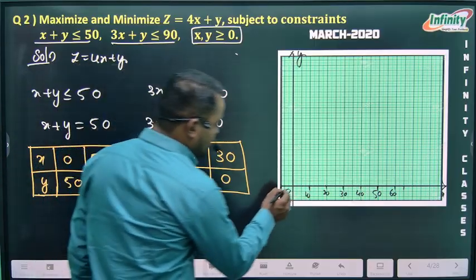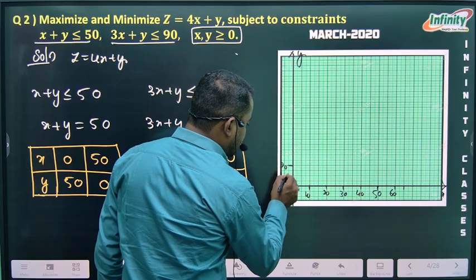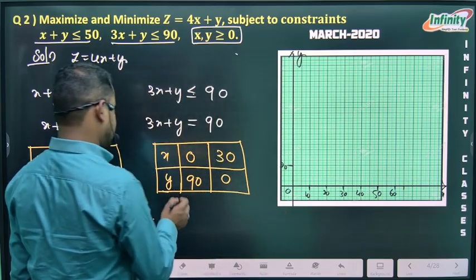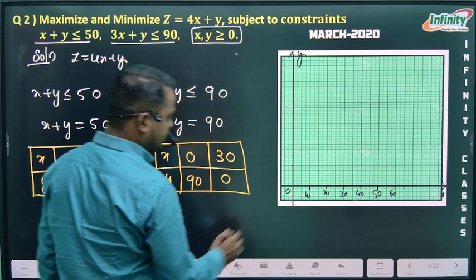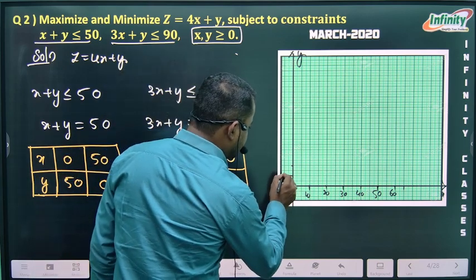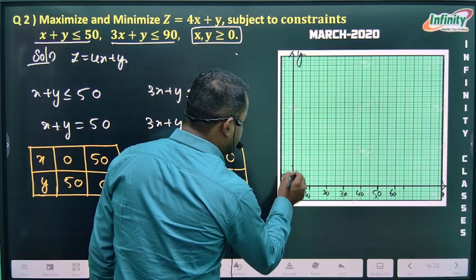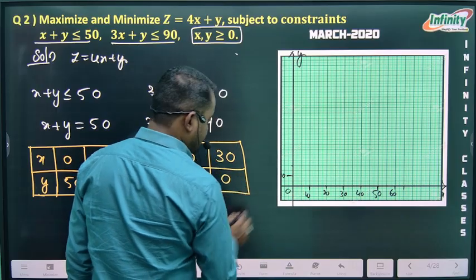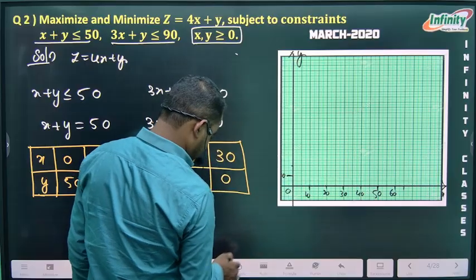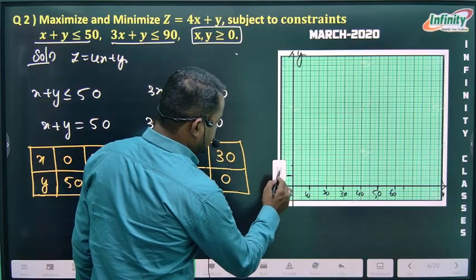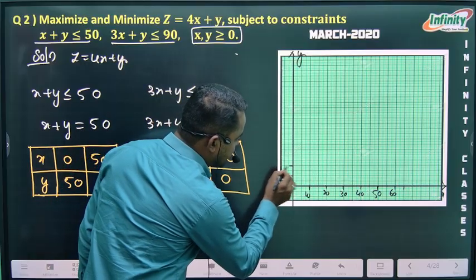Now on the y-axis I am writing 20. Difference is what? Last is what? On the y-axis, 90 will be there. So I am going to write the same, that is 10. Wait a minute. The difference to this is 10.